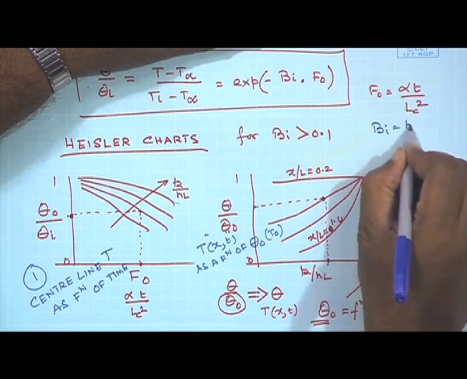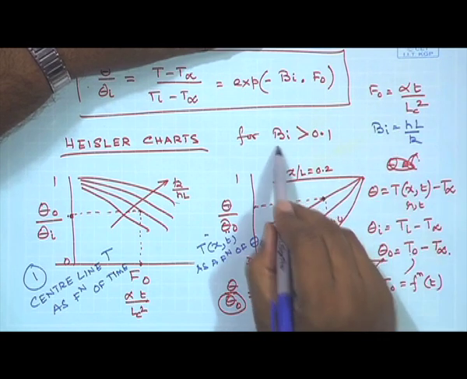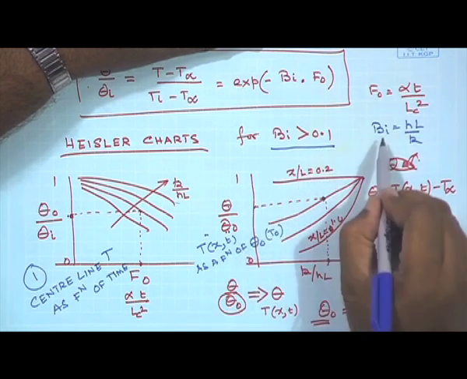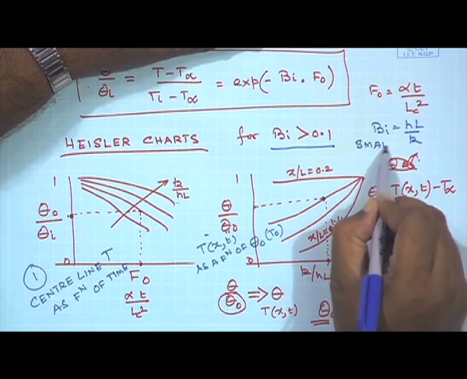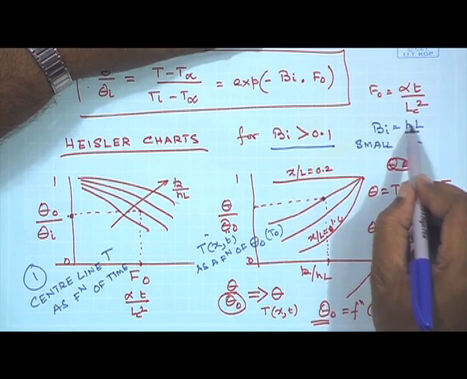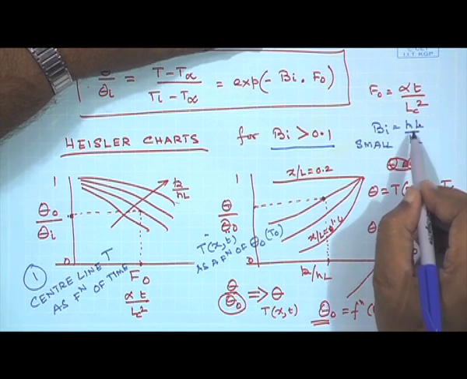So Biot number less than 0.1, and Biot number is hL by k. So in order for Biot number to be small, the value of h has to be small, the length has to be small, or the thermal conductivity has to be large.